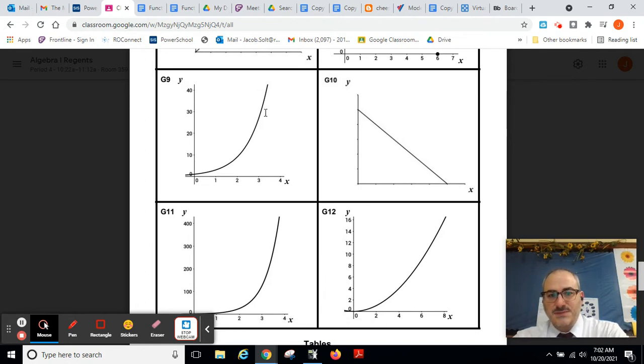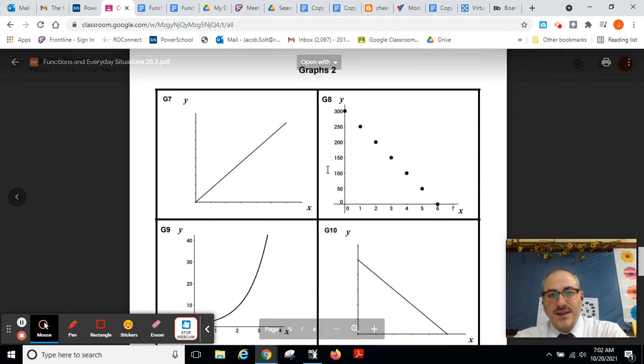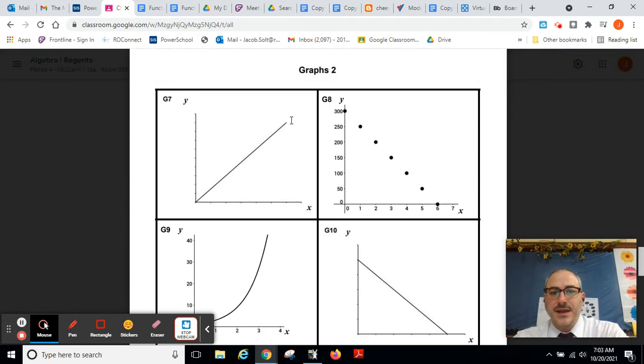That's curvy, that's exponential. That doesn't work. That's kind of linear, but it's going down. Here we have a linear going up, but this doesn't fit. Can you think why this one doesn't quite fit our situation? The plumber charges a fixed amount just to show up, and then they charge a fixed amount per hour. Why does this graph not work for that?